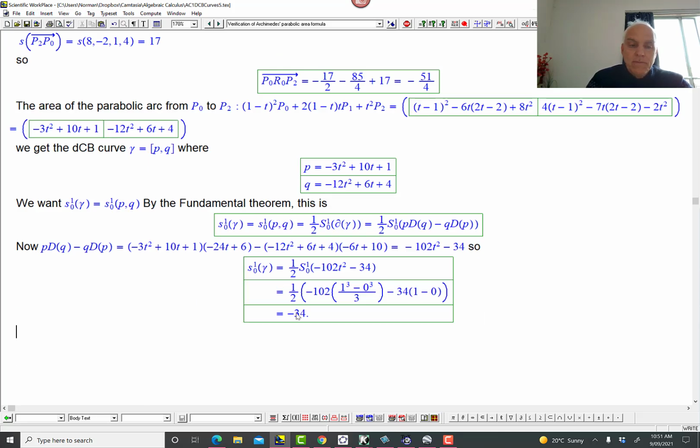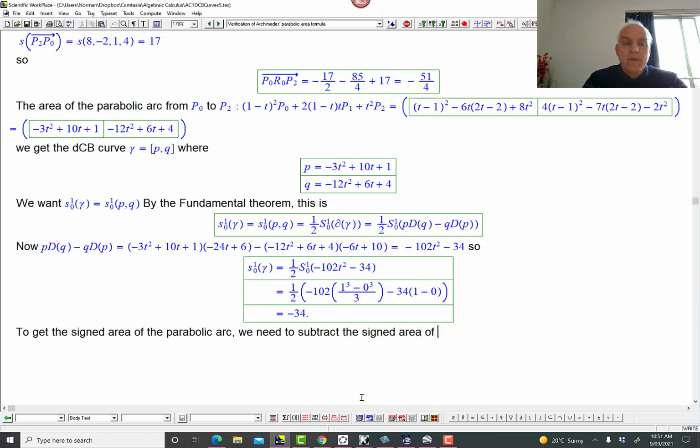To get the signed area of the parabolic arc, we need to subtract the signed area of the segment from P0 to P2.